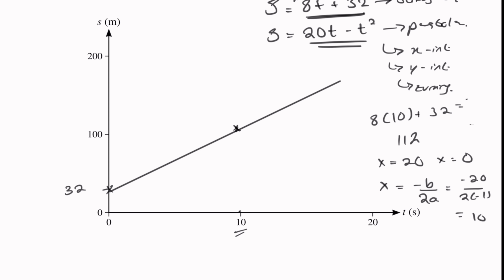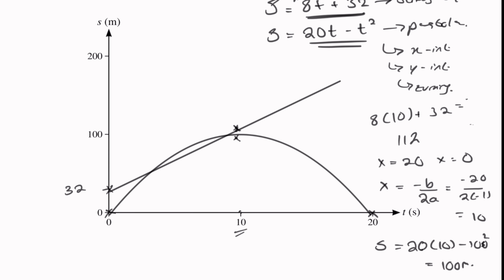So at x equals 10, the displacement is going to be equal to 100, right? Yes, 10 squared is 100, and so it's going to be 100 meters. And so at 10, right here at 100, we're going to have the turning point, and we're also supposed to have these x-intercepts, and this is how the graph looks.